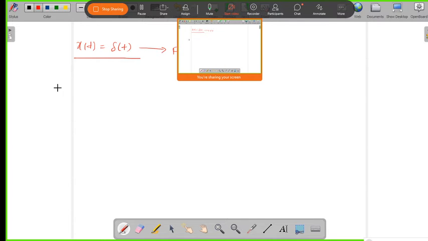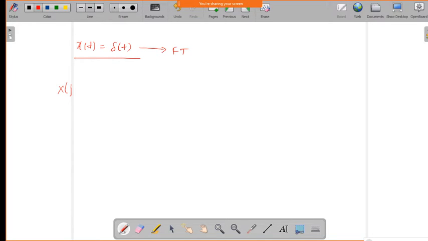So X of j omega is equal to the integral from minus infinity to plus infinity of del of t into e power minus j omega t dt. Since del of t is 1 at t equal to 0, we can write e power minus j omega t at t equal to 0.